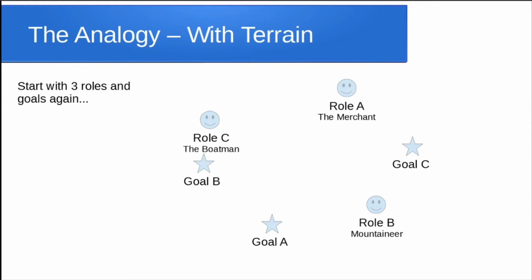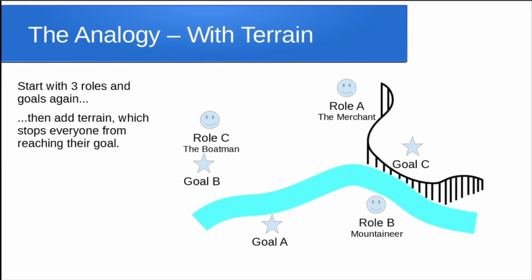So let's try making it more interesting. Same situation again, but with some terrain. We've got some roles, we've got some goals. I'll put a little bit more on the roles this time because we're going to need it. So we've got a bit more game. We'll have some terrain: a river and some cliffs.